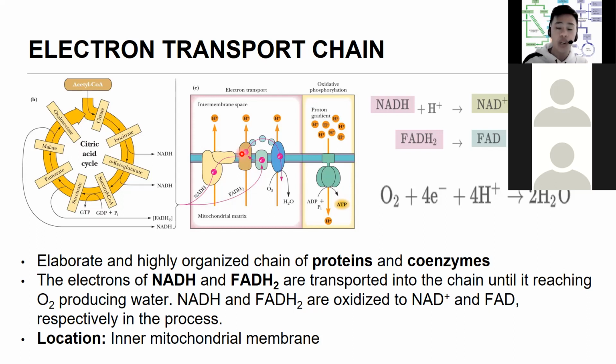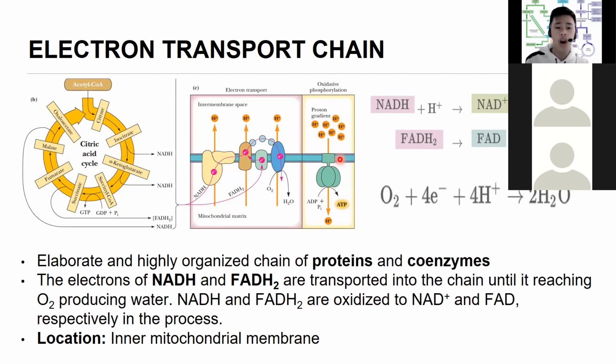Therefore, if we relate it to the electron transport chain, when electrons flow in the chain, they are also able to gain energy. That energy is used to produce ATP in another process we know as oxidative phosphorylation.